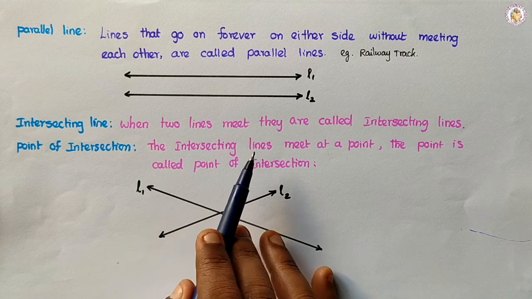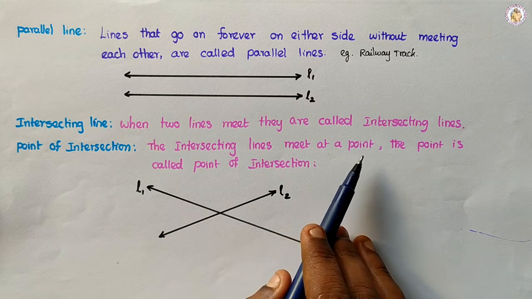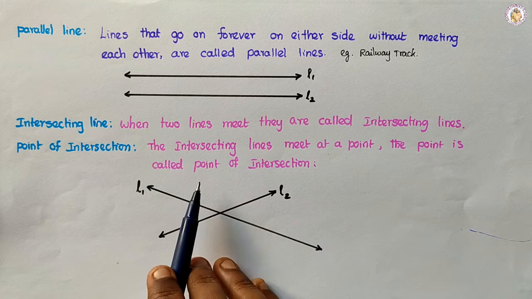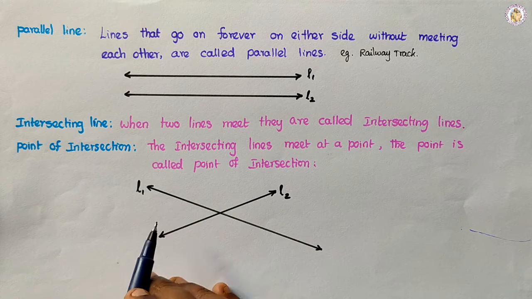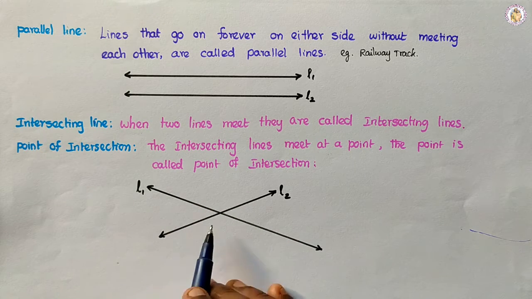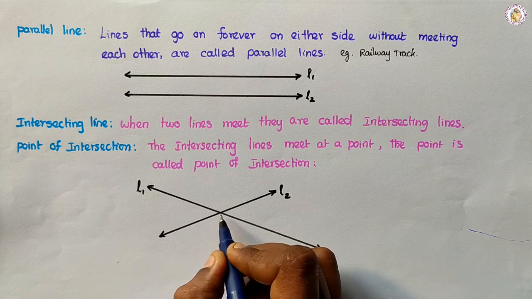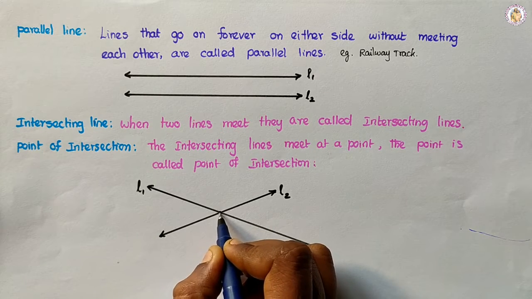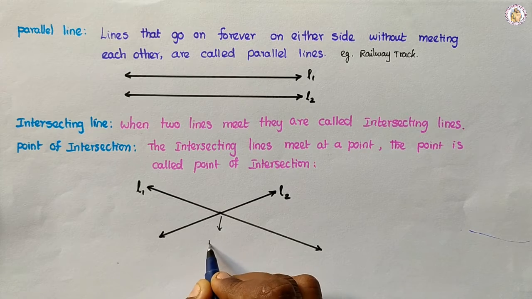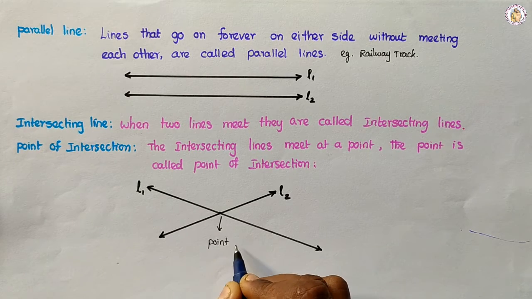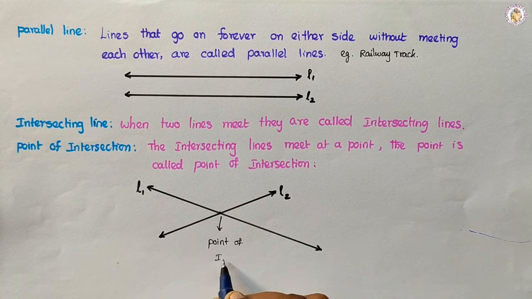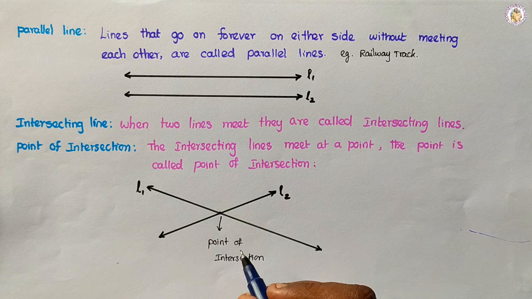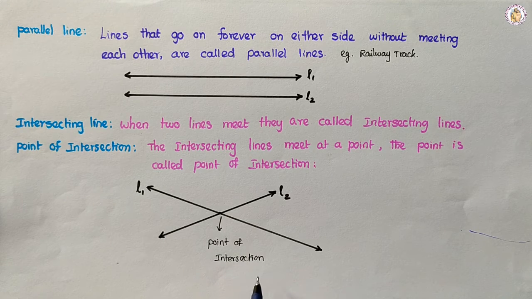The intersecting lines meet at a point. That point is called the point of intersection.